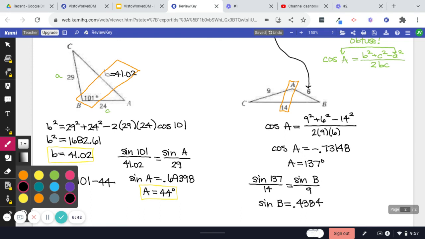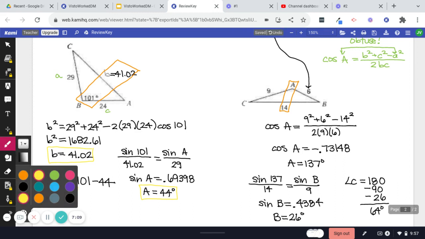Sine inverse that, and we get 26 degrees. And then once I have that, I can find angle C by doing 180 minus 137 minus 26. So 137 plus 26 is 163, and 180 minus 163 is 17 degrees.